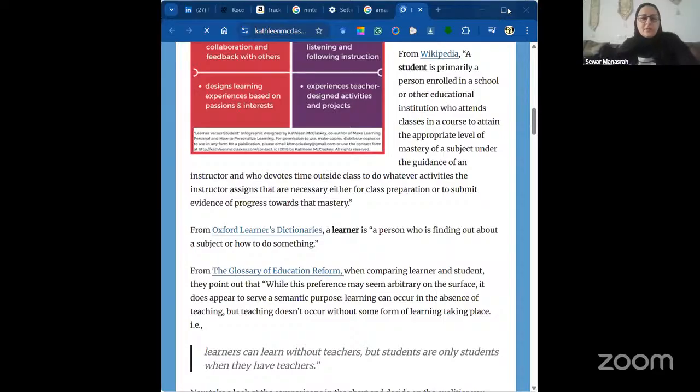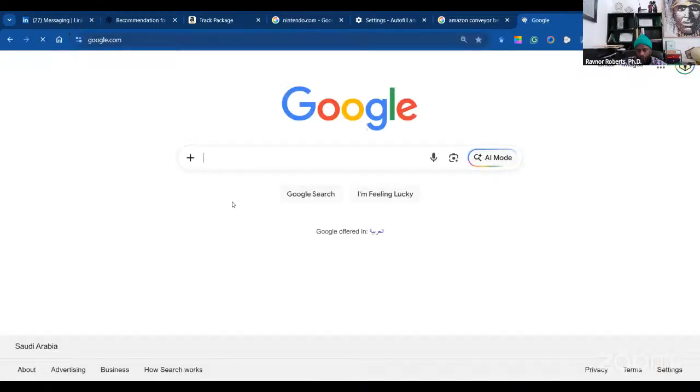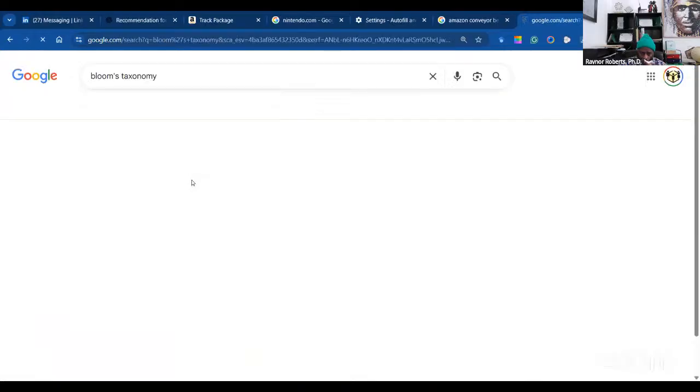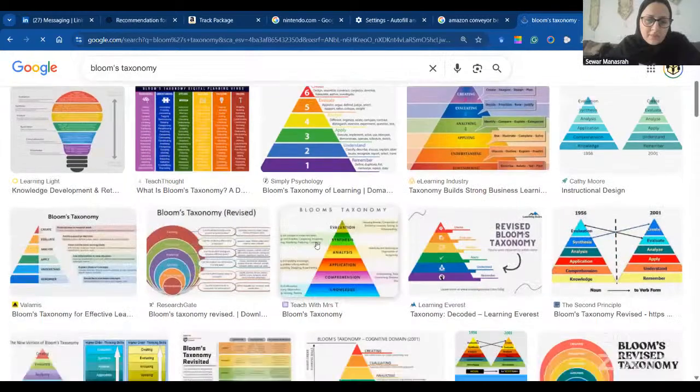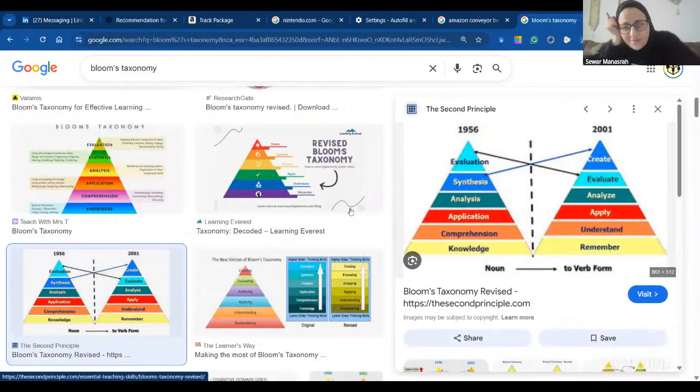Yes. Okay, here's the one with the old one, the new one. I don't know if you can see that. Okay, yes, I can see it.